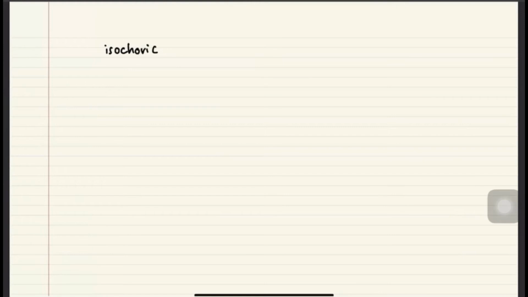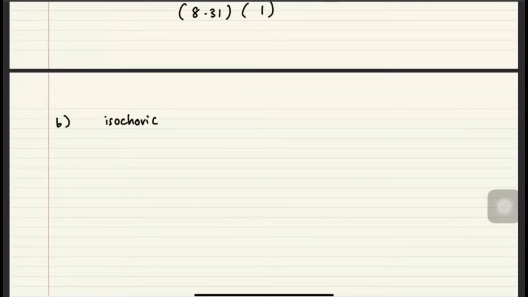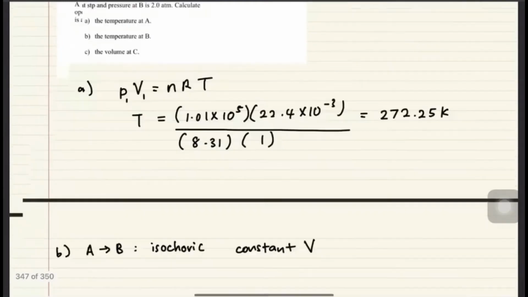Okay, yang soalan B. Thermodynamic process A to B is isochoric, which is constant volume. Macam saya cakap, kalau dia nak suruh cari temperature, kamu boleh pakai formula apa?